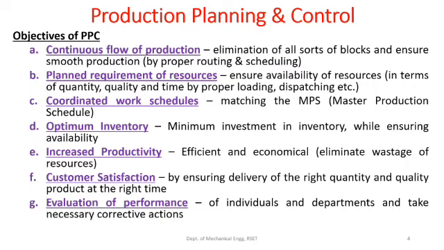So evaluation of performances of individuals as well as departments can be carried out by the production control, and if there are any necessary corrective actions like training, a modification of a production plan, etc., such corrective actions might also be taken. So evaluation of performance is also a very important objective of production planning and control.